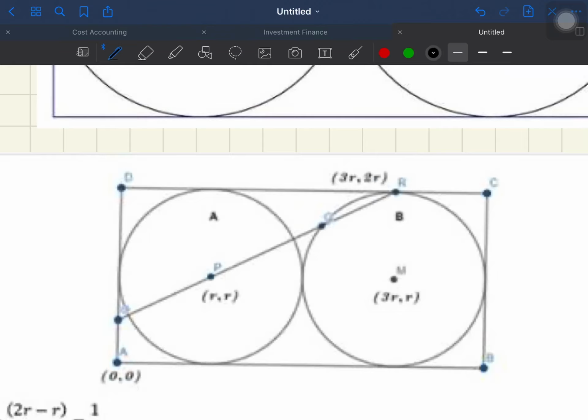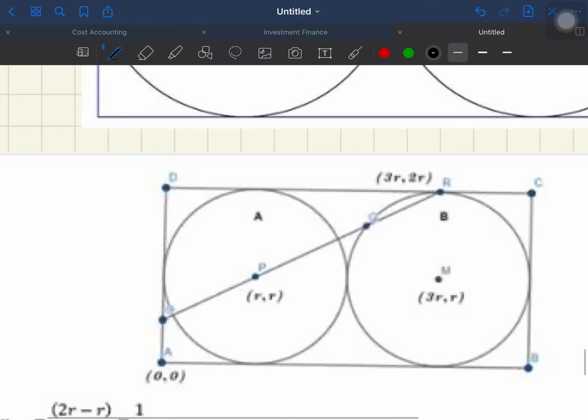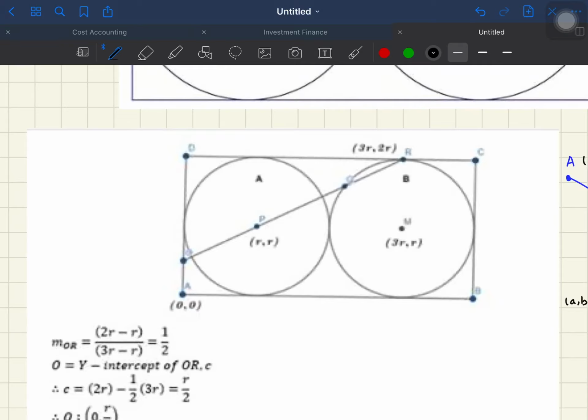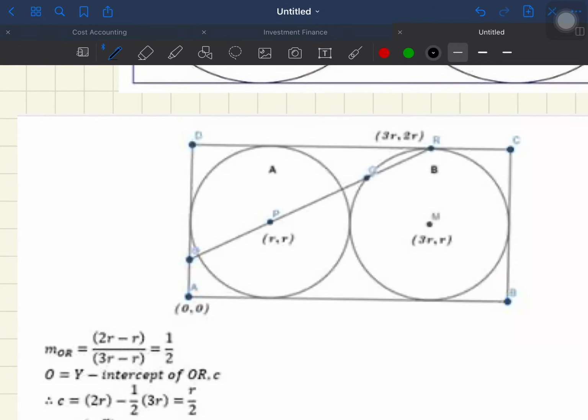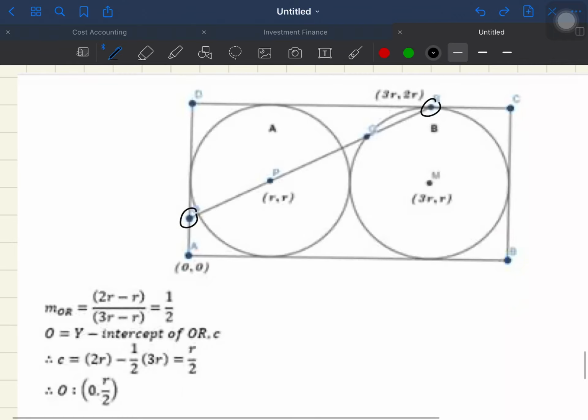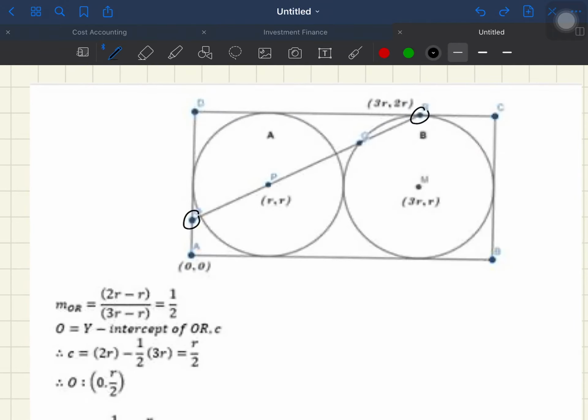It is very important, especially M, because I'm going to denote the locus equation at M using the circle, using the point M. So the first important step is to derive the equation of the straight line which connects this point to this, which is actually O and then R. We know that we have 2 points, which are P, this point, and then R. So if we have 2 points, then we are able to get a gradient.